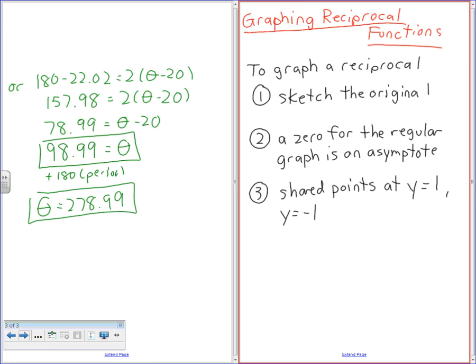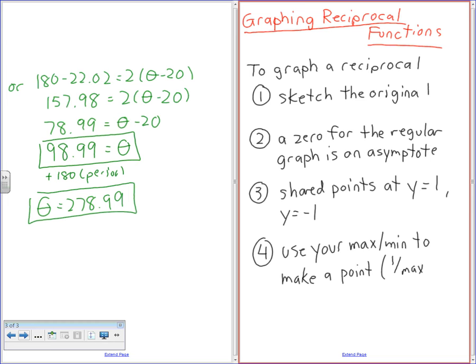And the last one I'm going to put on here is use your max or min to make a point 1 over max. And we'll get to that in a sec. What that meant from yesterday was, remember our graph went up to 5, so we did a point at 1/5. We had a point at -3, so then our other point was -1 over 3. And we'll go into these.